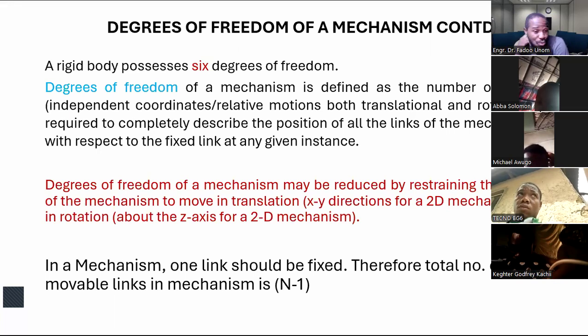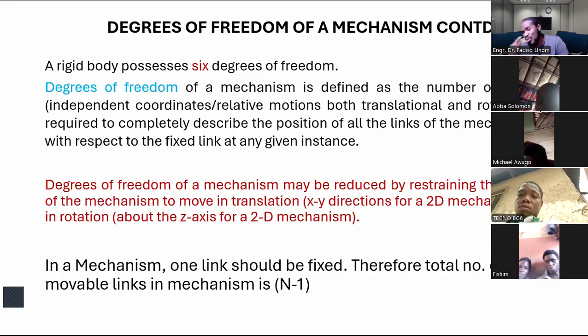And you can reduce the degree of freedom of a particular mechanism by constraining or stopping one of the links from moving. If you restrain the ability of that mechanism to move in a particular direction, then you would have reduced its degree of freedom. So like we said, a rigid body that is allowed to move freely, unconstrained, can translate along the x-axis, y-axis, and z-axis.